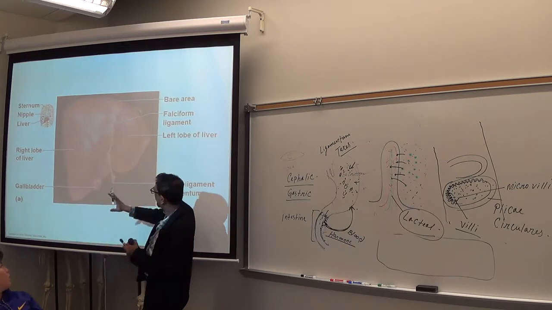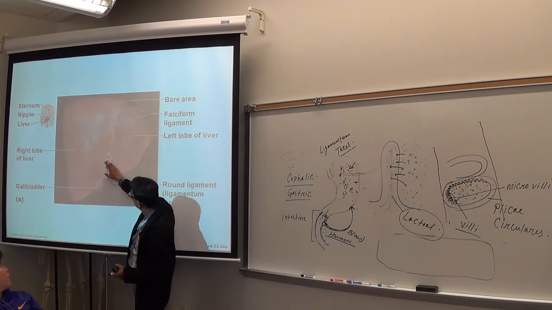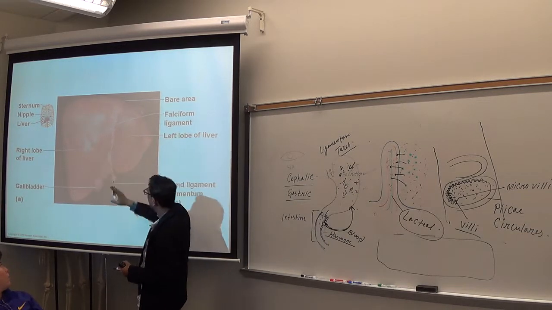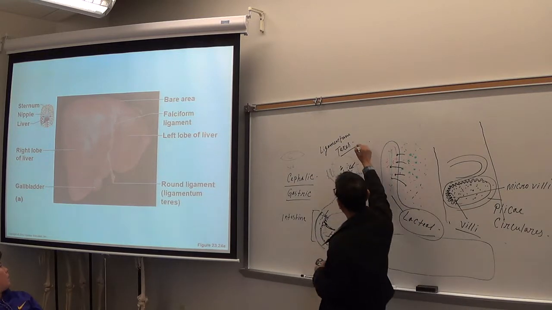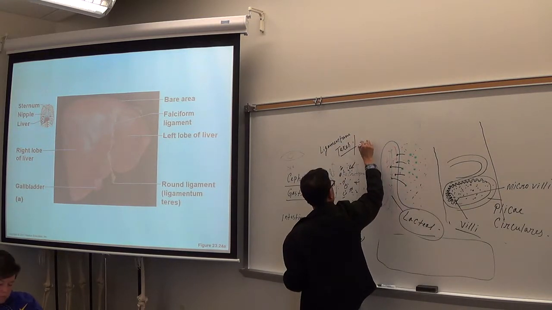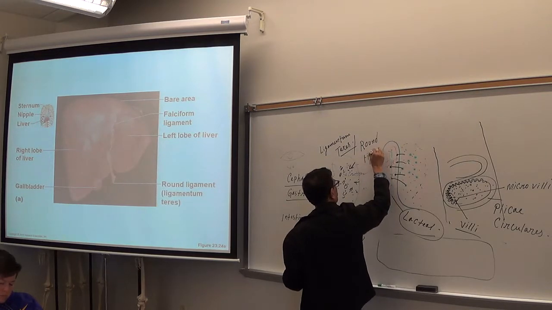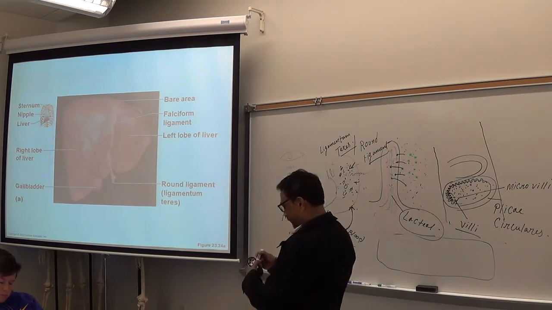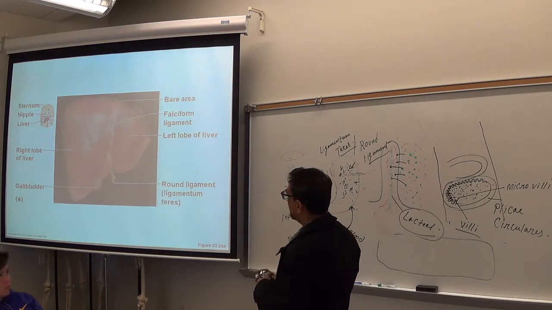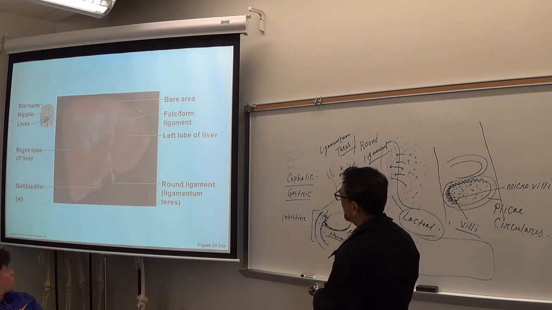Just know that the part that leaves the liver is the ligamentum teres or round ligament. Same thing. And the part attached to the liver in between the right and left lobe is the falciform.